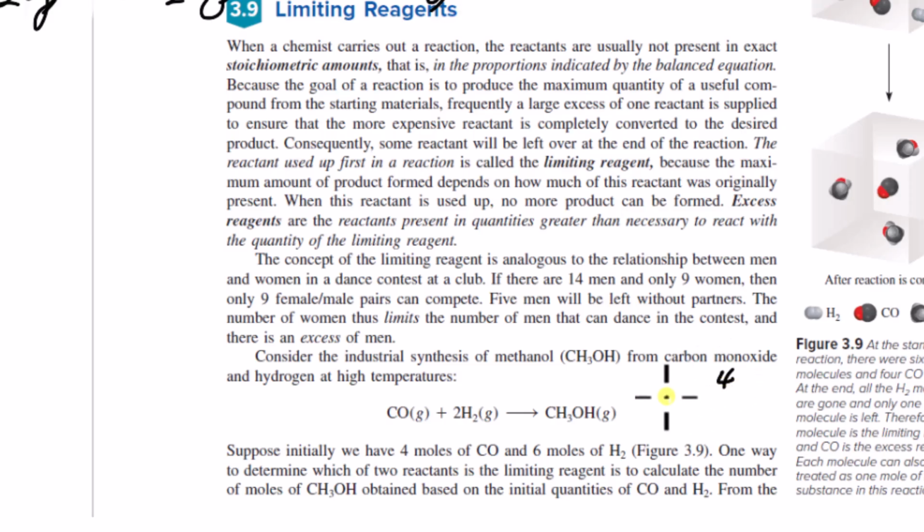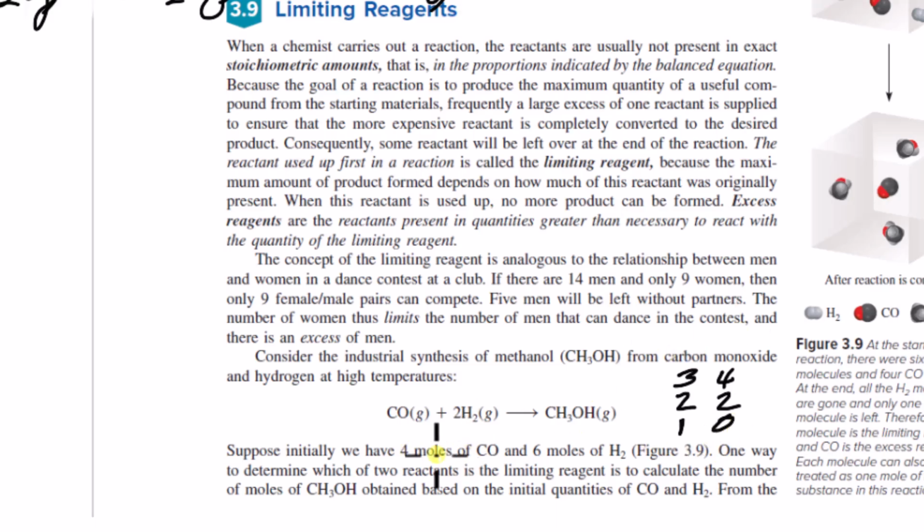So we have 4 left, and that means 1 molecule of carbon monoxide was consumed. Now 2 more molecules of H2 are consumed, and that results in 1 molecule of carbon monoxide being consumed. Now another 2 H2 molecules consumed, 1 carbon monoxide consumed, and so there you go. The hydrogen gas is the limiting reagent.